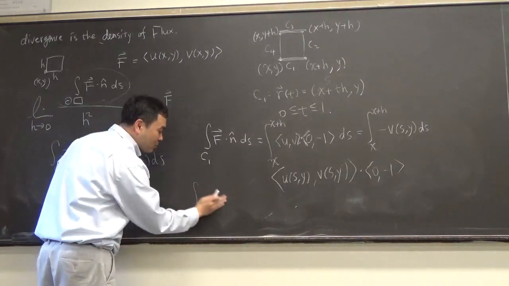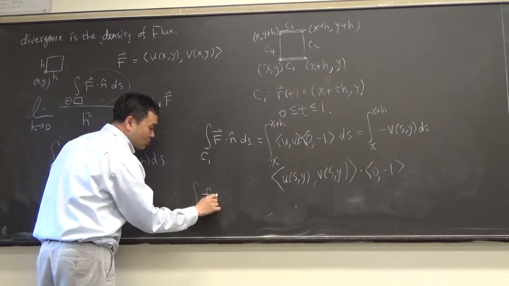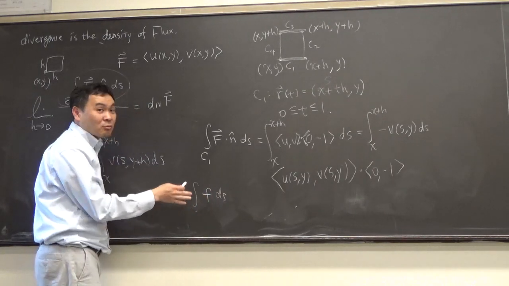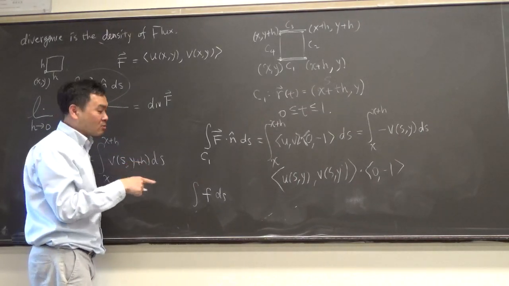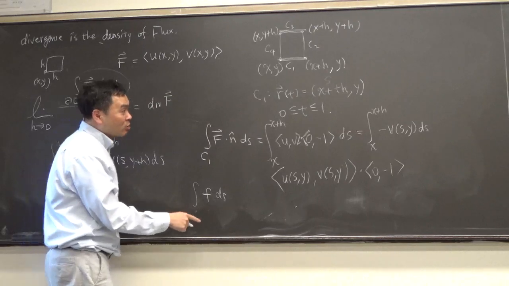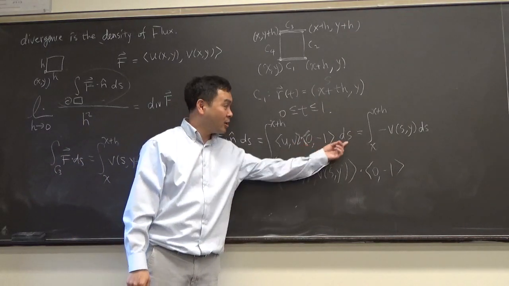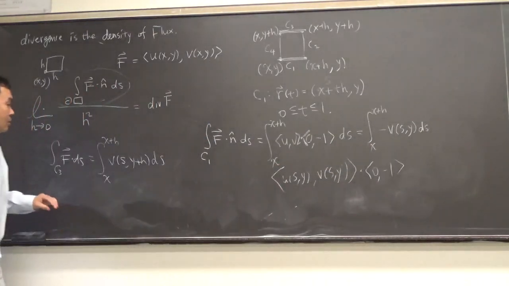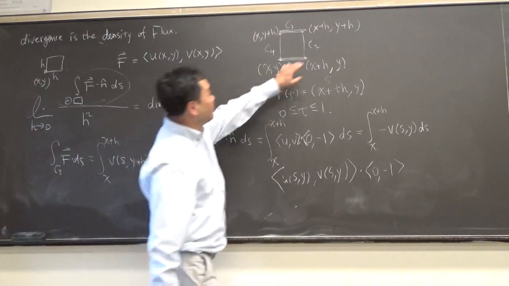But if you have a function, then you do function times ds, and this is not a dot product, and therefore the direction doesn't matter. It's always in the positive direction. So it's this second type, because once you do the dot product, you get a scalar function, and you do the ds, so that doesn't matter. All right, so then you can also do this and this.